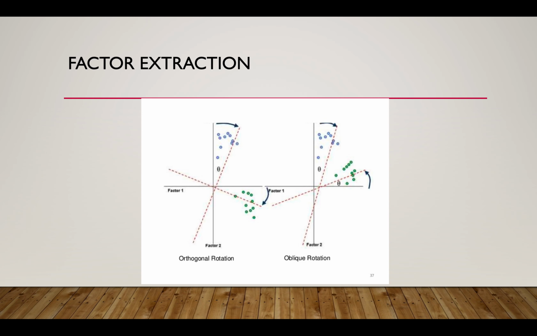All right, extraction. So here we have two different types of rotation. When I was drawing my lines, I was like, okay, so we have factor 1 here and factor 2 here. And in this example, we have all of these items that are clustered around this factor but not quite there. And rotation allows us to put a closer line on where these things might be relative to this factor.